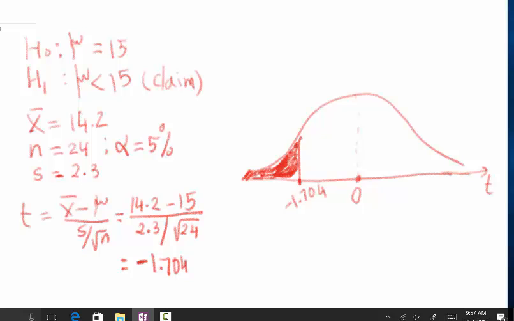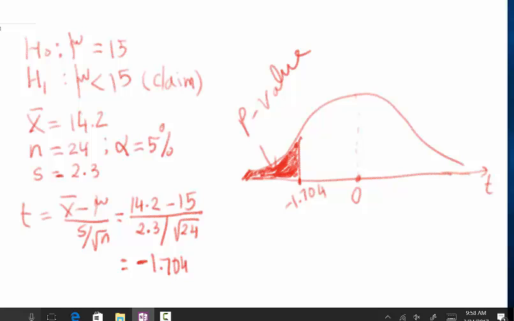So the p-value is the probability of obtaining a value that is as extreme or more extreme than negative 1.704. Now the question you will ask, why did we shade to the left, not to the right? Because it's a left tail test. So the extreme is going to go to the left in this case. So this area that I shaded is called the p-value.